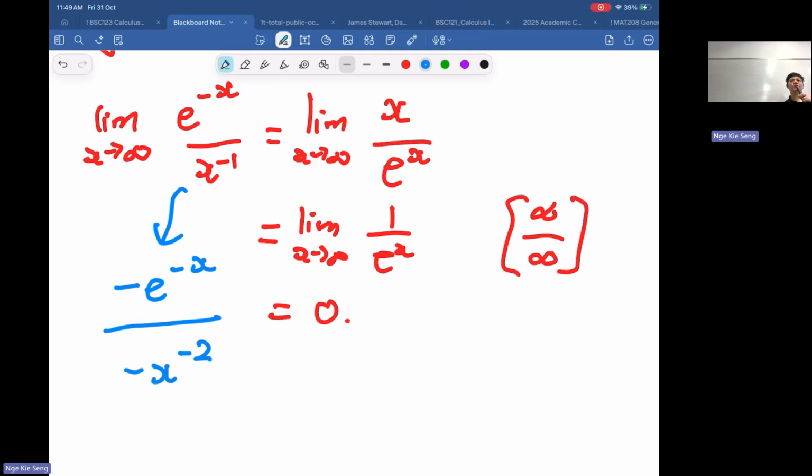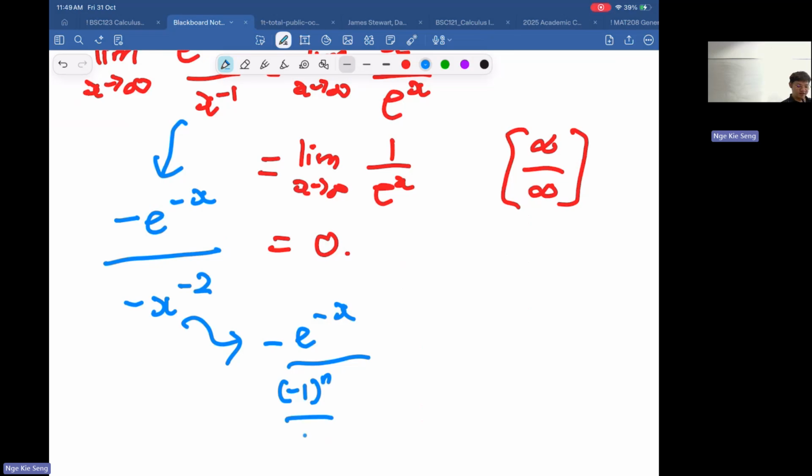If you pick the wrong way to continue, it's not that you cannot get it, but if you just keep differentiating, then you won't get it, unless you have another method to compute. Does it make sense? If you keep doing it, I think you will get something like e to the minus 1 to the n, or n factorial of x to the minus n.